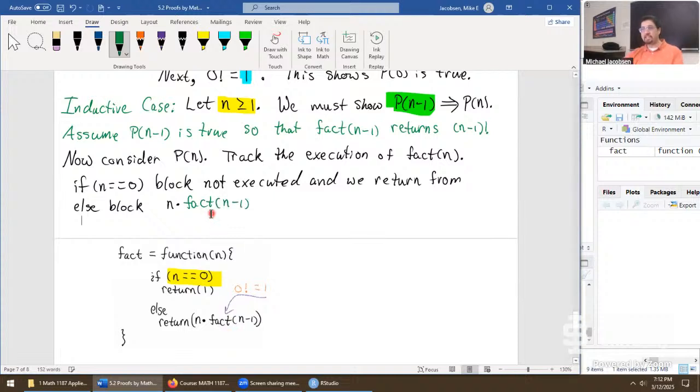But we made a big assumption on factorial(n-1). We said it returns (n-1) factorial itself. And I'm going to have a slight abuse of notation here. Instead of saying what it returns, I'm essentially saying what it equals. So it's as if I'm placing an equality right here, just to not have as many words. I'm going to write that this is equal to n times factorial(n-1).